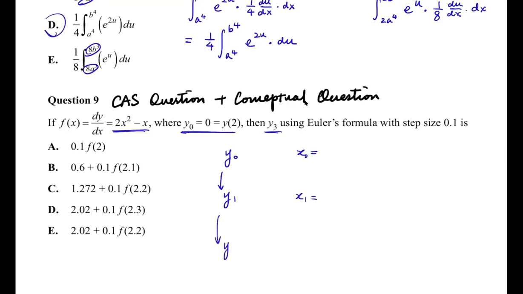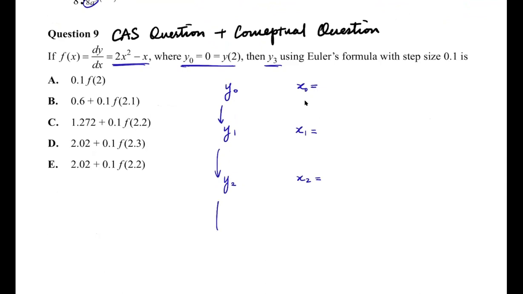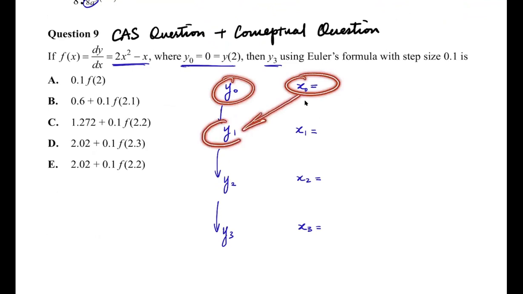Then the next iteration is y2 corresponding to x2. Finally, we will get y3 corresponding to x3. But remember, the algorithm of Euler's method is like substituting the previous point into the derivative to get the next point, and so on.